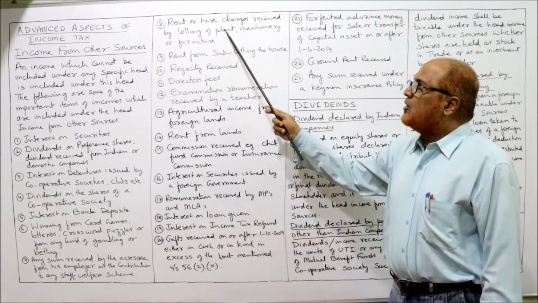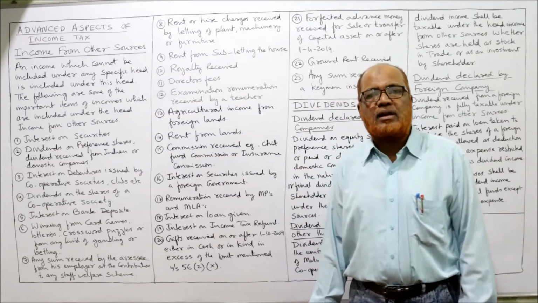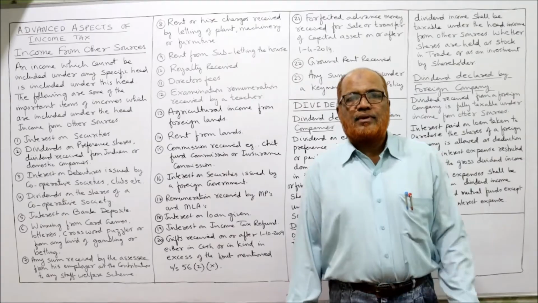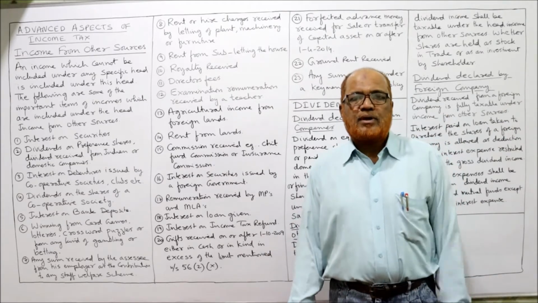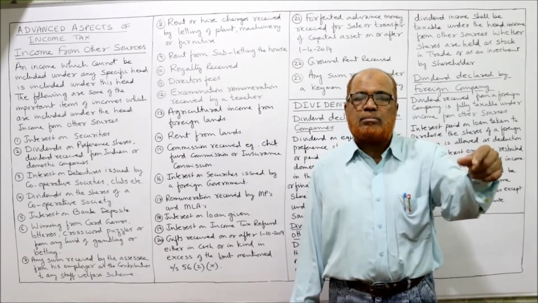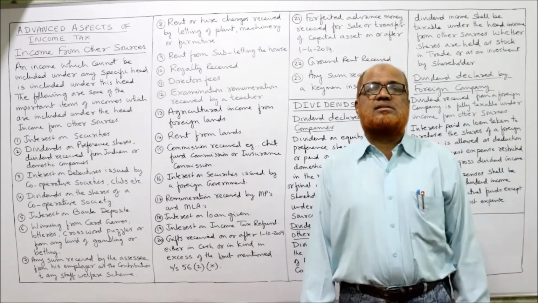Next one is rent or hire charges received by letting of plant, machinery or furniture. Sometimes an SSC will give on rent some plant, machinery, furniture. So the rent received or hire charges received from letting of plant, machinery, furniture is taxable, provided it should not be their business.